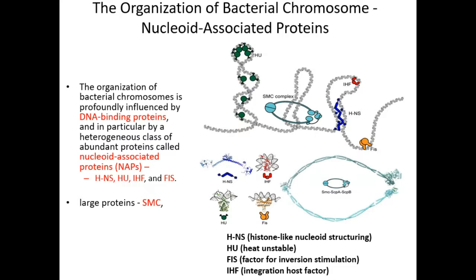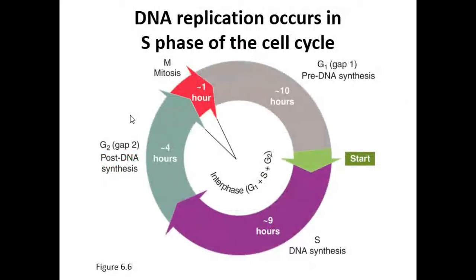So they can have the hinge domain at one end and the ATPase domain at the other end, right? And then they can bring the chromosome DNA together. That's the SMC protein. Okay, so these are the proteins that participate in packaging the DNA inside the bacterial cell. Okay, that's the bacteria.